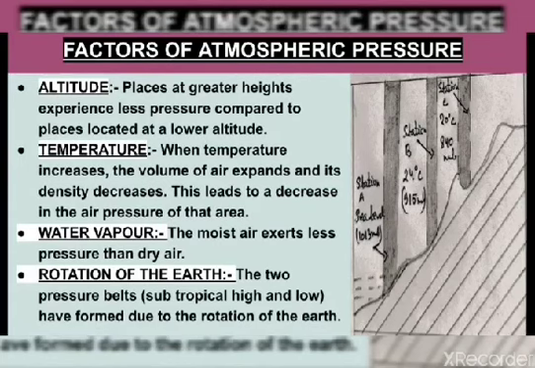That is the reason for this dynamic motion of the earth. Rotation has caused the formation of a low pressure belt at 60° north and south of the equator and a high pressure belt at 30° north and south of the equator. Although we will learn about these pressure belts in detail in our next topic.